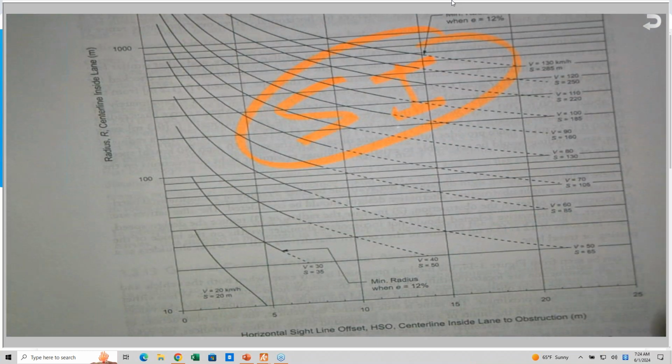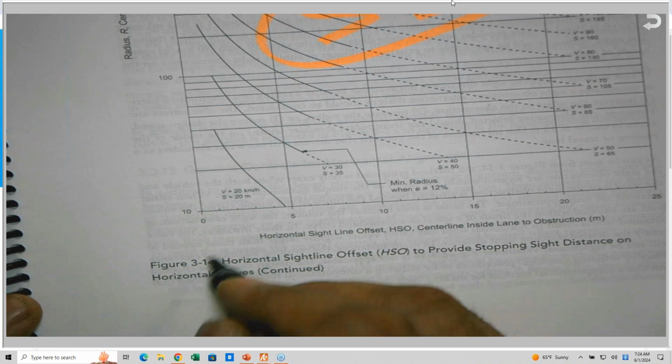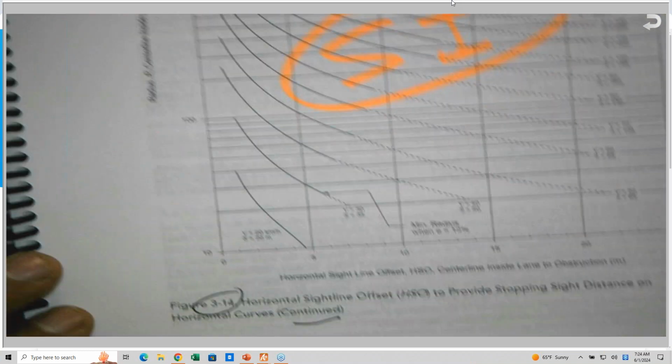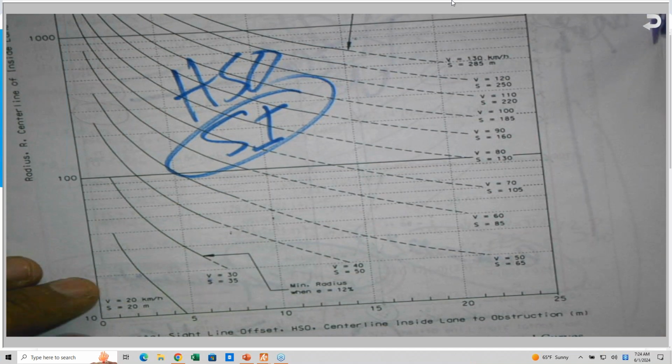If you look at the second figure, which is the SI figure 3-14, the continued figure, they still call it 3-14, by the way. These 2 figures are also reproduced, and I gave you the page number and the figure number, and we used it.